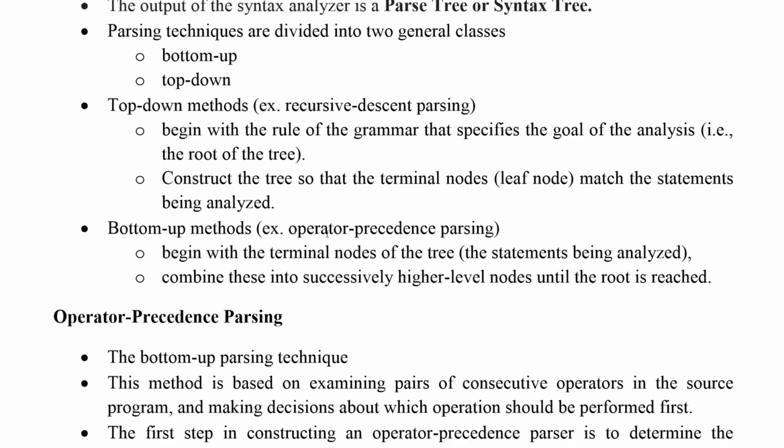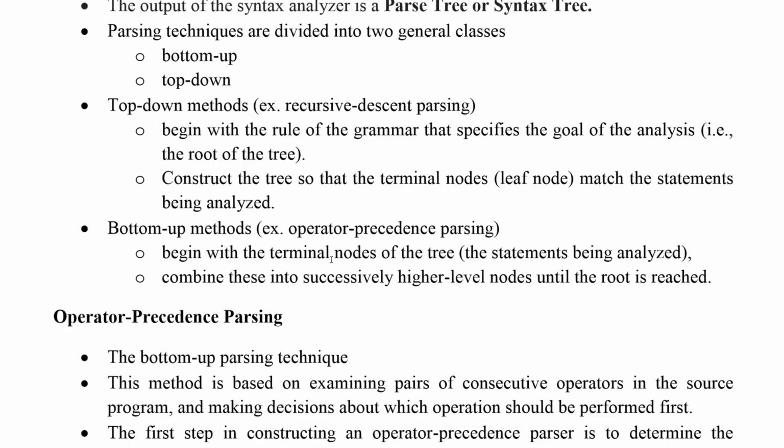The highest priority operator has to be executed first, then the lower priority. Normally in bottom up parsing, the parse tree is constructed from the leaf, that is the terminal nodes of the tree. It converts them into non-terminals, and the tree grows from bottom to top, from leaf node to root node.